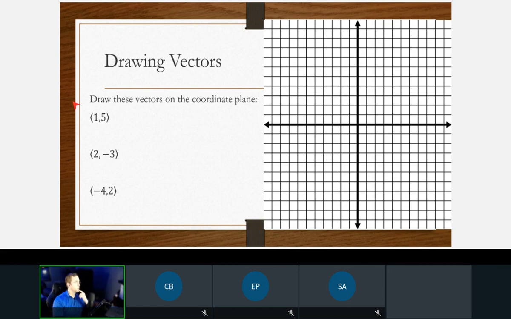So we want to draw these vectors on the coordinate plane. So 1 comma 5, you treat them like regular coordinates. We're going to do a point at 1, 5. So over 1, up 5. I'm going to make it bigger.